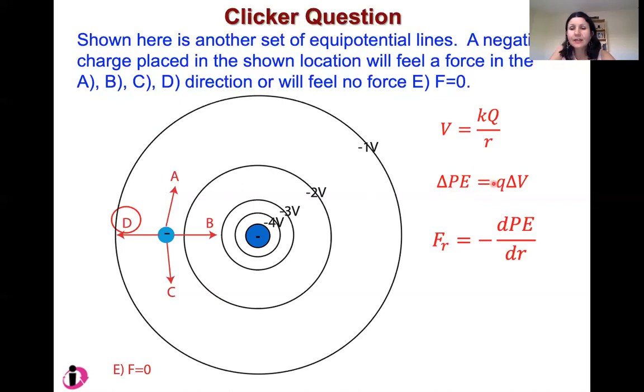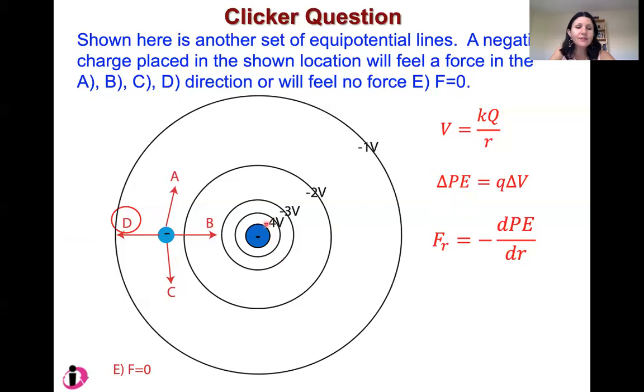So we want to see where delta V is positive. Delta V increases as we go away from the charge, because it's getting less and less negative. Looking at this charge, the voltage is increasing to the left. That means the potential energy is decreasing to the left, so that must be the direction of the force.